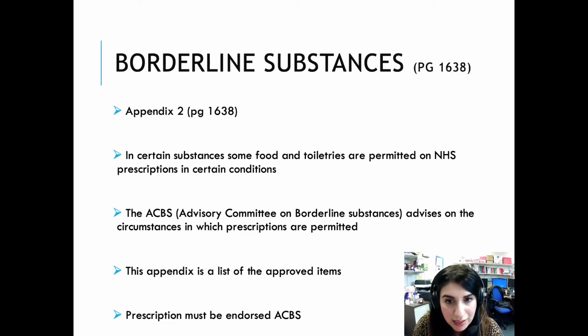All these things that are permitted on the NHS are listed in Appendix 2. So if you get a prescription for a food substance that is not listed in Appendix 2, that means that it's not permitted on the NHS. Okay? And there's a certain committee that advises on circumstances in which prescriptions are permitted.